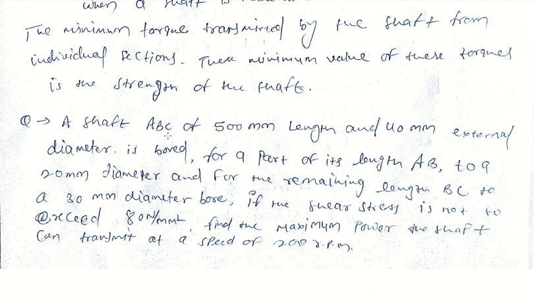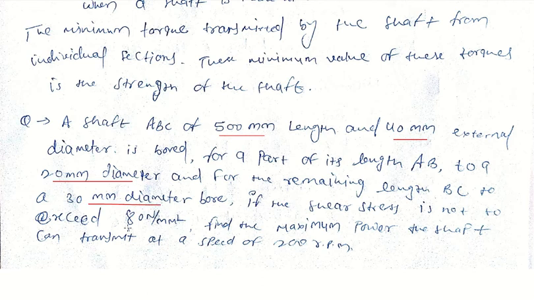Here is the question. Shaft ABC of 500 mm total length and 40 external diameter. Here 40 external diameter, that means it is hollow, bored for a part of its length AB to a 20 diameter, and for the remaining length BC to a 30 diameter bore.